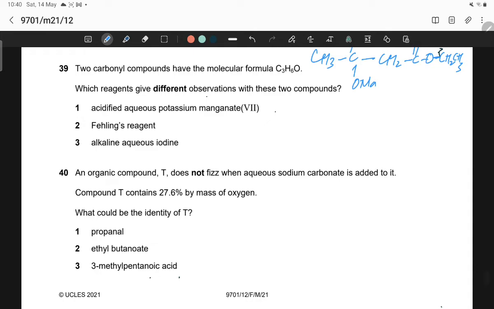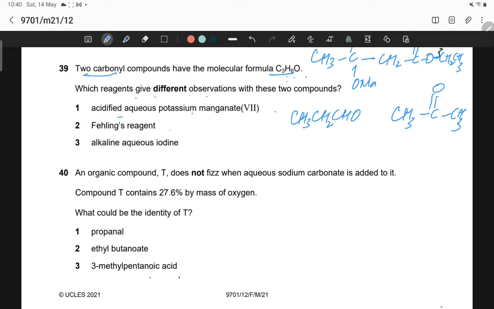39. Two carbonyl compounds have the molecular formula C3H6O. Which reagent gives different observations? The two carbonyl compounds could be an aldehyde and a ketone: CH3CH2CHO and CH3C=OCH3.